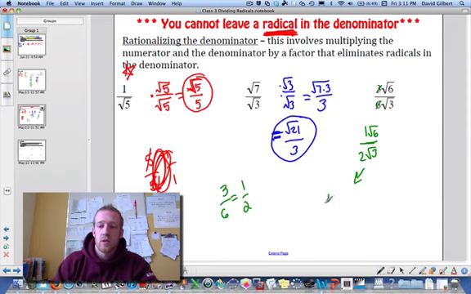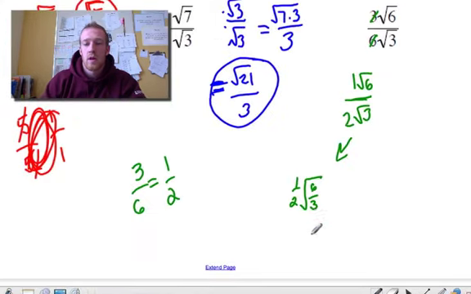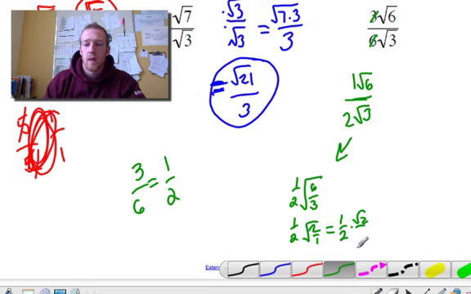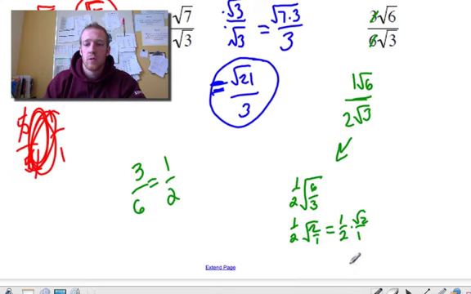You should notice that, so you have a 1/2, and you have a 6 over 3, and then that reduces to 1/2 root 2 over 1, which is the same as 1/2 times root 2 over root 1. Root 1, square root of 1 is just 1. Anything times 1 is itself, so I just have this times 1. And that leaves me with root 2 over 2.